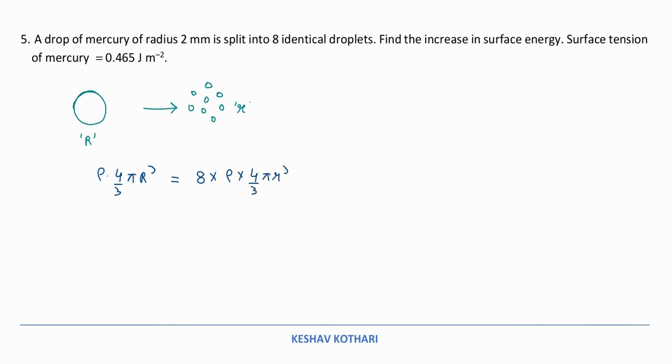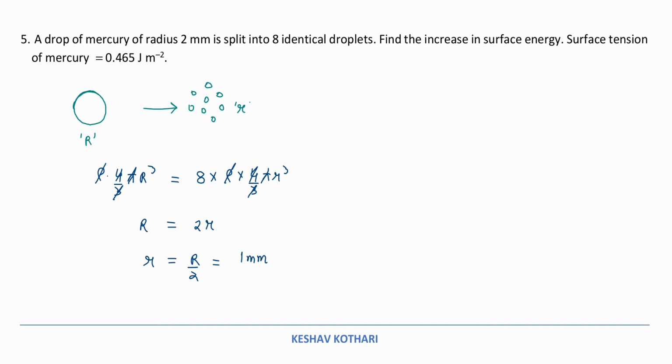So rho, 4 pi by 3 cancelled out. If we take a cube root, we write it as twice small r. So small r is equal to capital R by 2. Capital R is 2, so 2 by 2 we get a value equal to 1 millimeter. So the radius of the small mercury droplets which are formed is 1 millimeter.